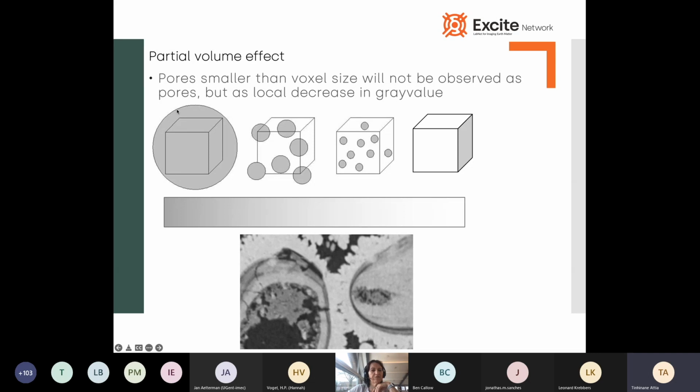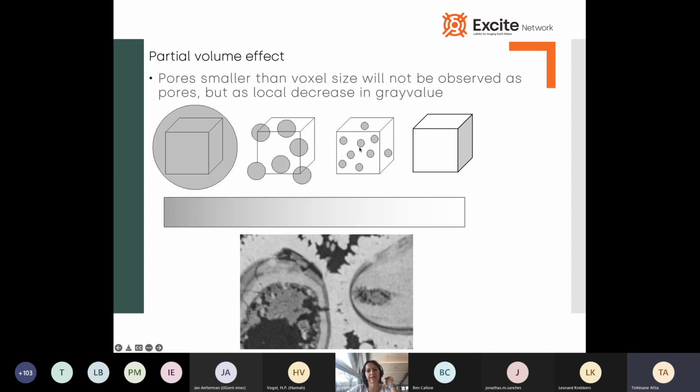Assume that on the left, this is a voxel fully filled with air, a pore. Then you will have a certain gray value. On the right, you see a voxel fully filled with material, could be the calcite, very bright. And everything in between gives information about the percentage of pores or the pore volume.